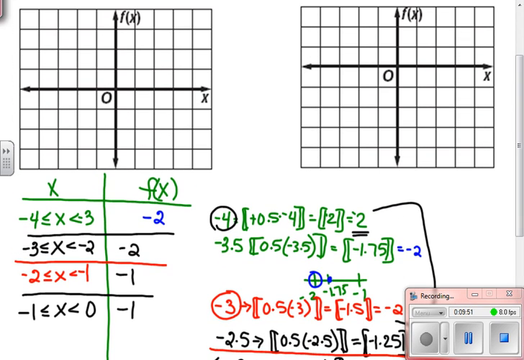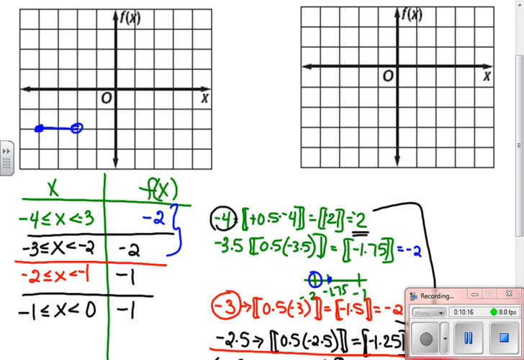So when I go to do my graph, from negative 1, negative 2, negative 3, negative 4, because these are the same, negative 2 was exact there, up to but not including negative 2.